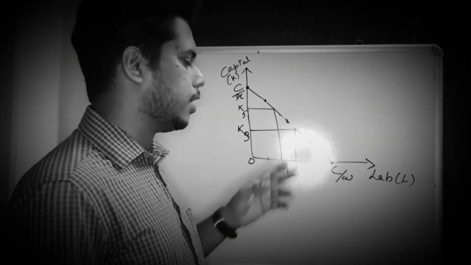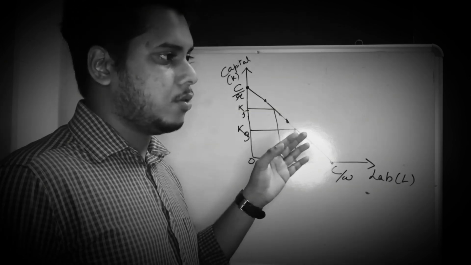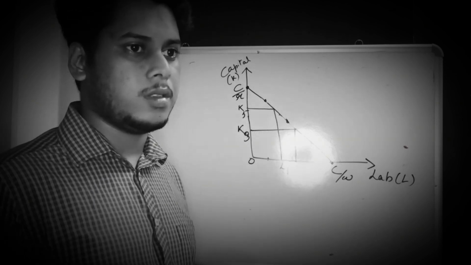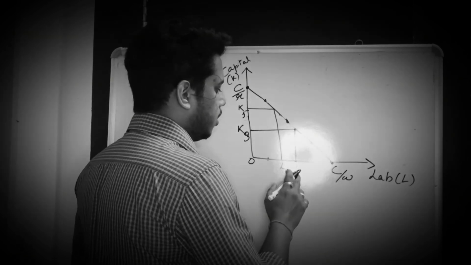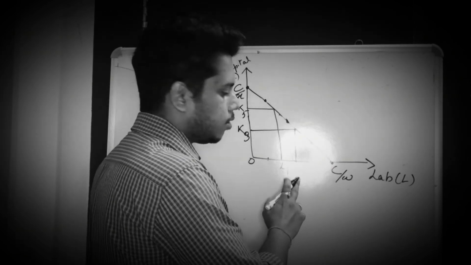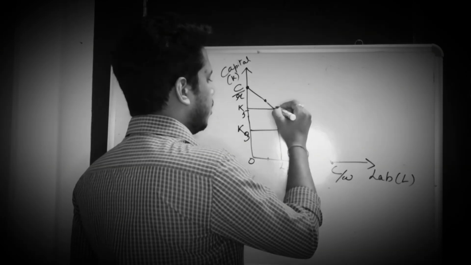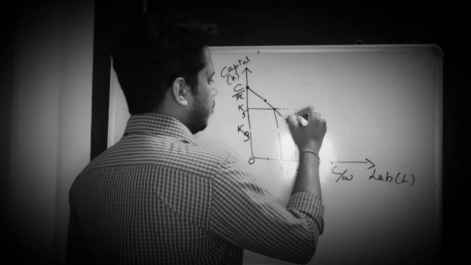As it is a negative sloping curve, obviously an increase in one variable will be related to a decrease in the other variable. Because if you increase labor by 1 unit without decreasing the level of capital, then you will end up over here.